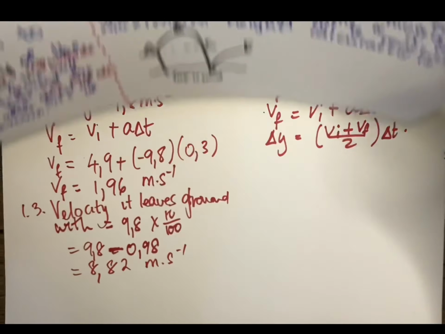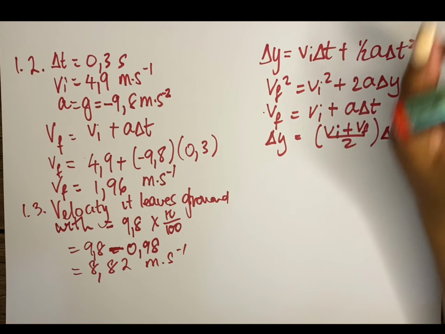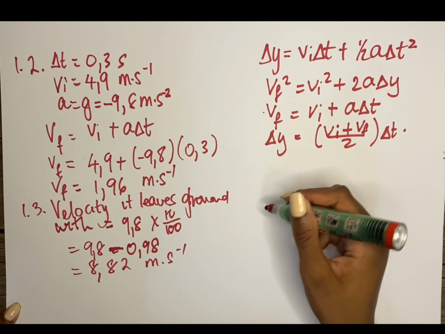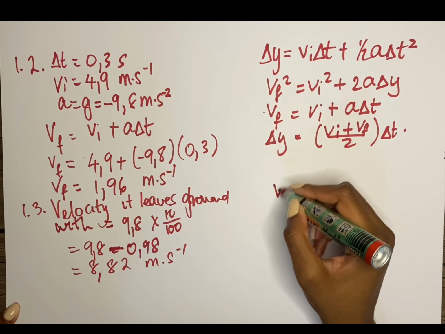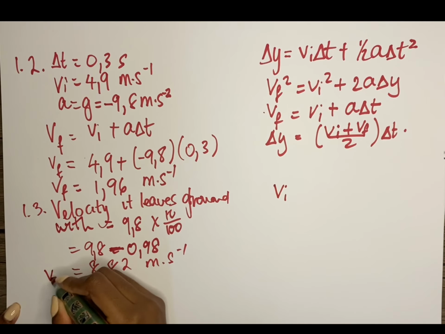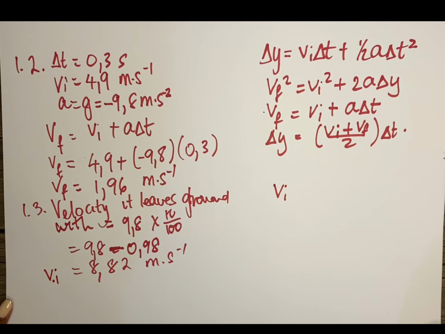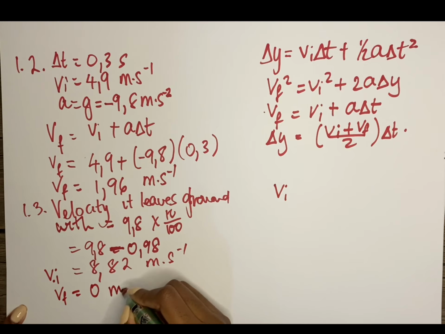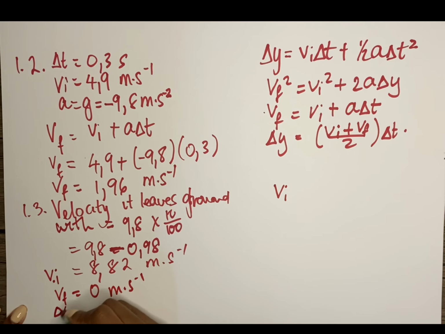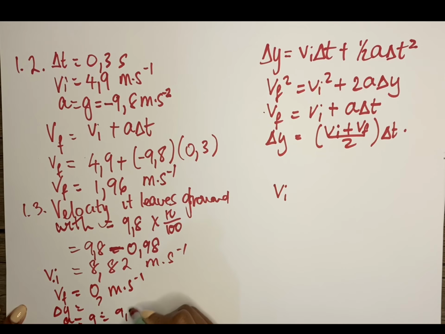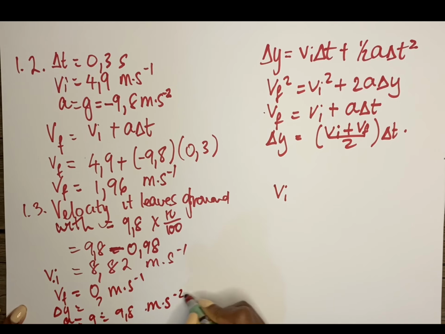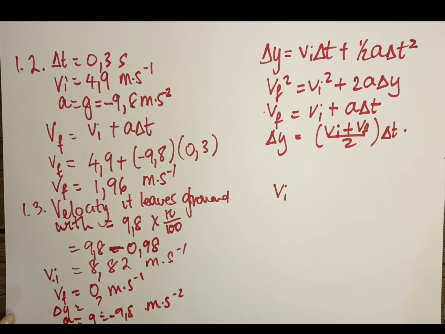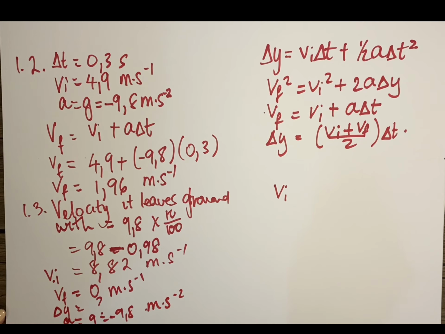So if you look at points D and E, this becomes your V initial. Your V final is 0 meters per second. Delta Y is what you're looking for. Your A is equal to G, 9.8 meters per second squared, which is what you always have, which is going to be negative, right?